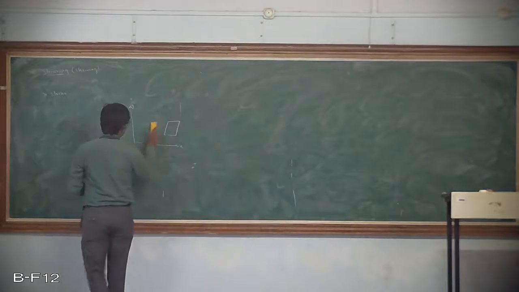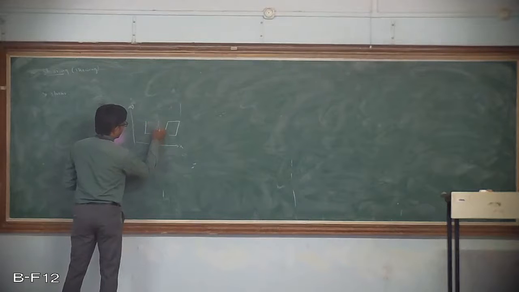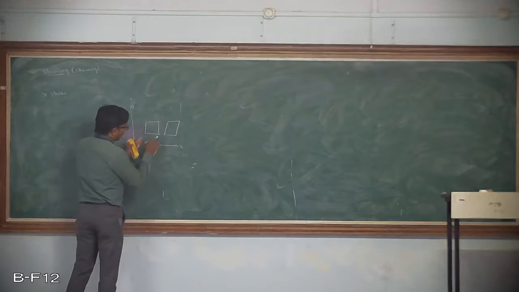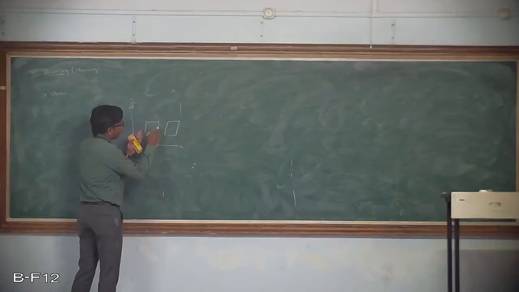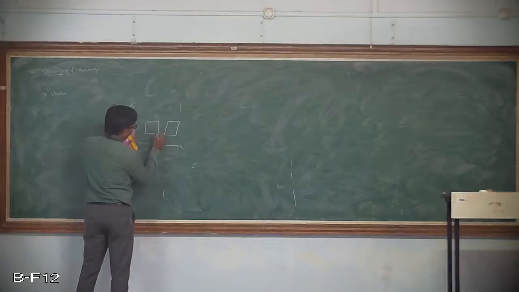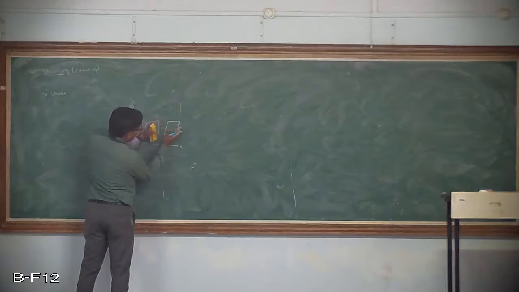x shear means distorting a particular component along the x-axis. This is a component. What I'm doing is holding the y coordinates as they are and changing the x coordinates. If this was a component, now it has been shifted to a new position.